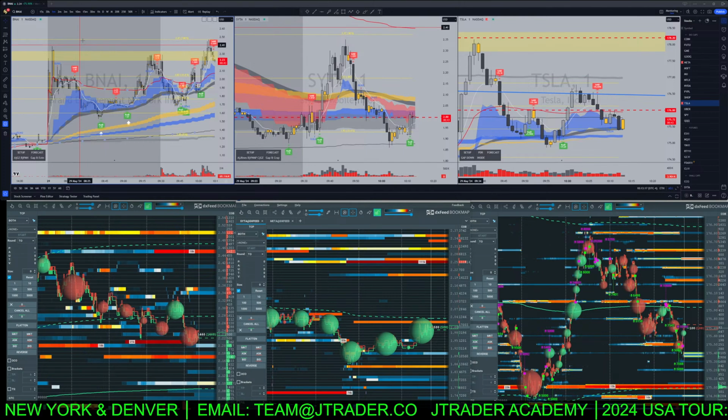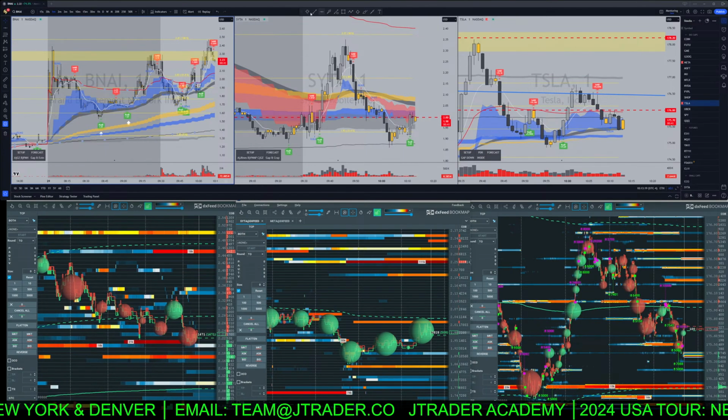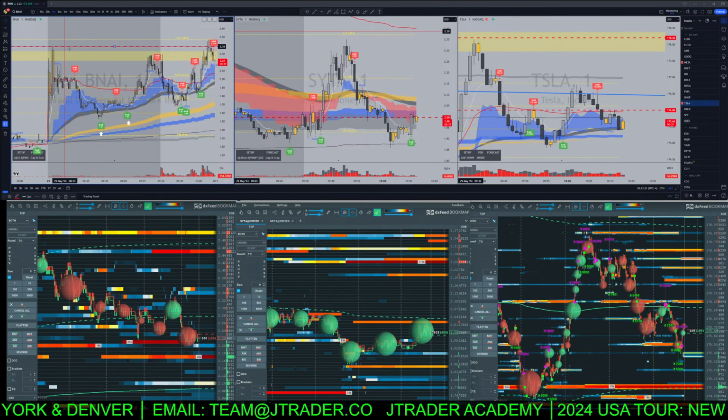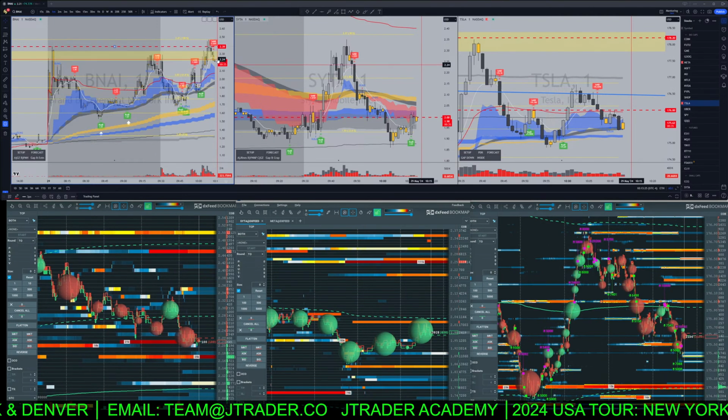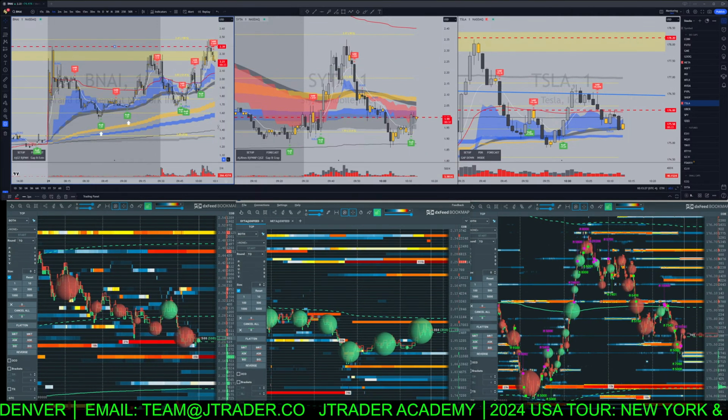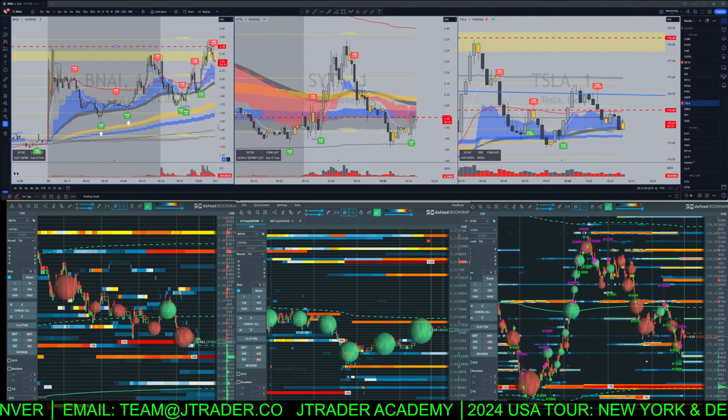So we had the break of the pre-market high, and now a close below with the 1 minute, with the 3 minutes. Not yet with the 5 minutes.